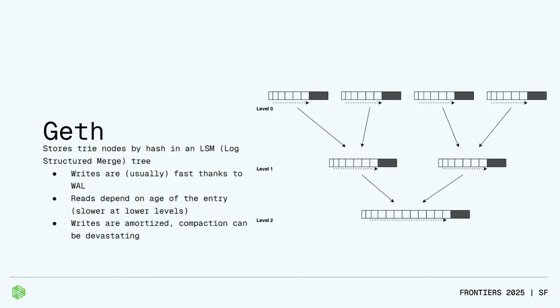And then really the ugly is that the writes are amortized and periodically compacted. So if you incur a lot of debt, suddenly your node might be completely halted as it's flushing and shuffling a lot of data around. And then caching is also on a per-item basis. So again, things that haven't been touched in a while tend to be much slower to access.